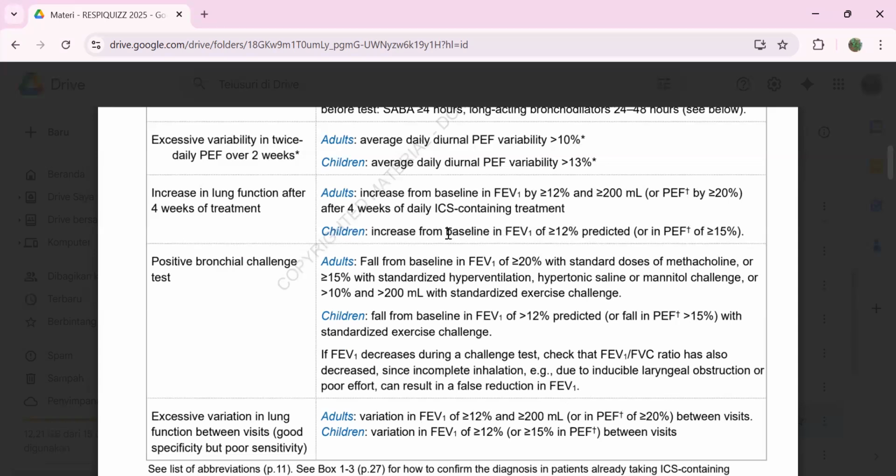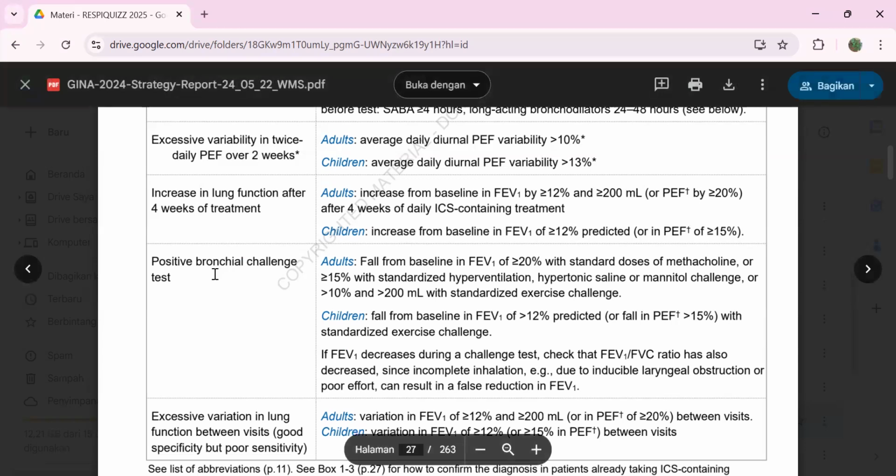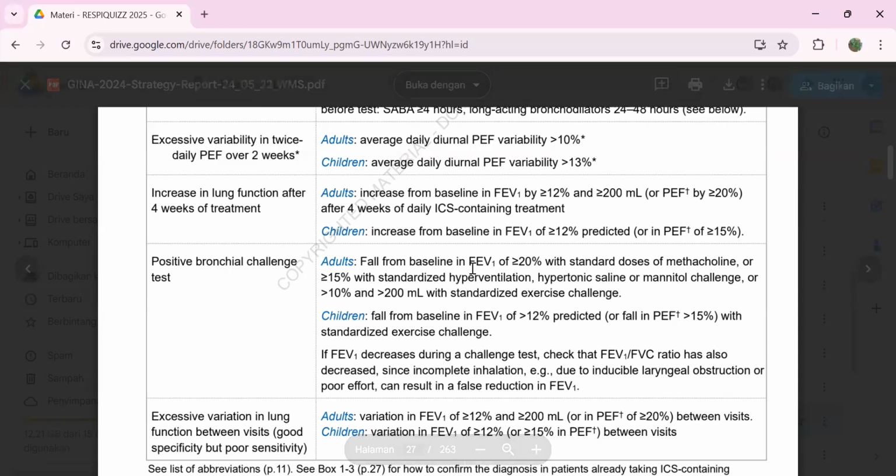And for children, the increase in FEV1 of more than or equal to 12% predicted, or in PEF of more than or equal to 15%. Positive bronchial challenge test in adults: fall from baseline in FEV1 of more than or equal to 20% with standard doses of methacholine, or more than or equal to 15% with standardized hyperventilation, hypertonic saline or mannitol challenge, or more than 10% and more than 200 milliliters with standardized exercise challenge.